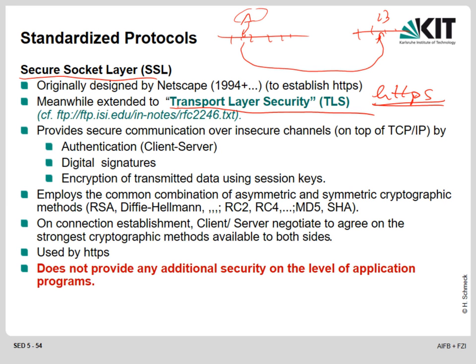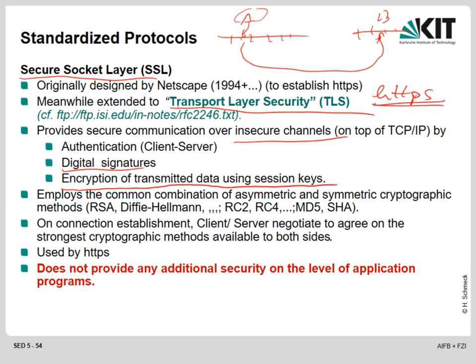And the algorithm for encryption has to be negotiated between sender and recipient, and this is done by the computers on which you are operating. So you have secure communication over insecure channels by authentication between client and server. You have digital signatures in there, and the encryption of transmitted data using session keys. So this is quite a secure way of communicating in the internet using transport layer security.